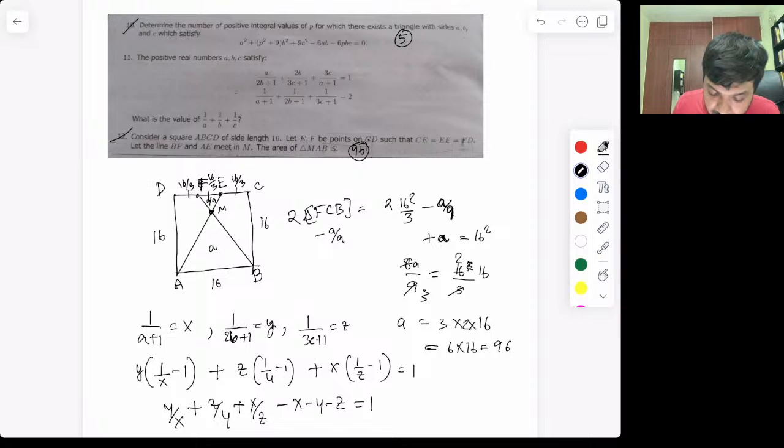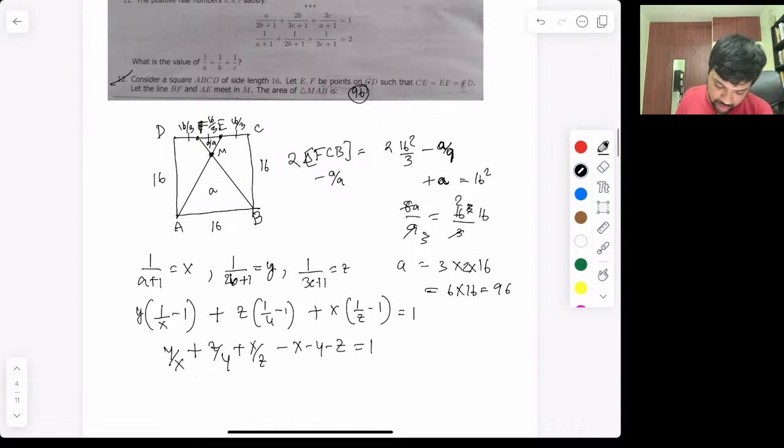Well, that a by 2b plus 1 is no. I've seen this kind of question before. X by y plus 1. It's like that 2b is just y, and wait a minute. What is the problem? I think I should have gone along my strategy, not ditched it halfway through. 1 by x minus 1.